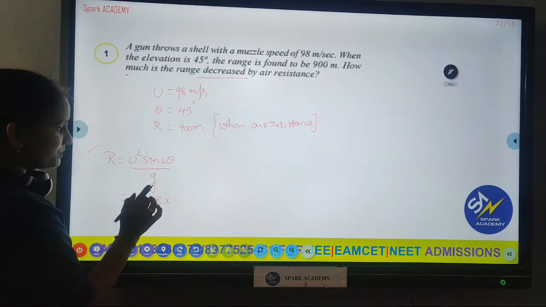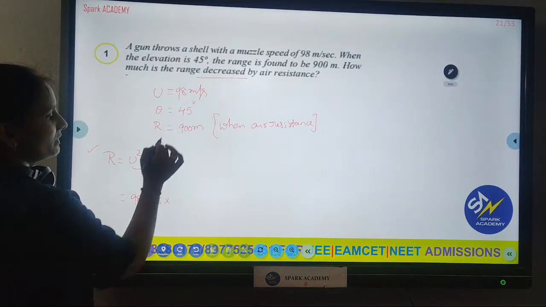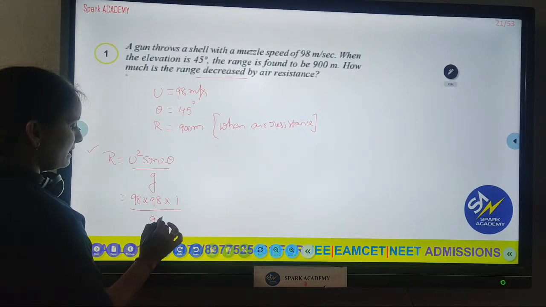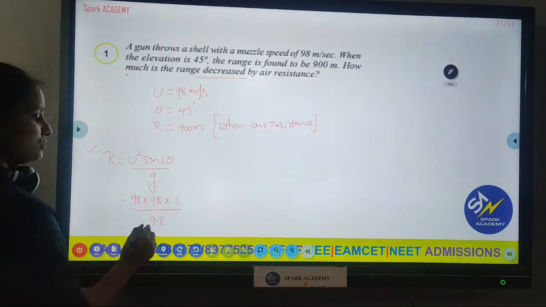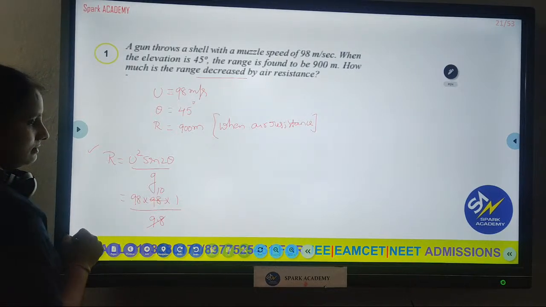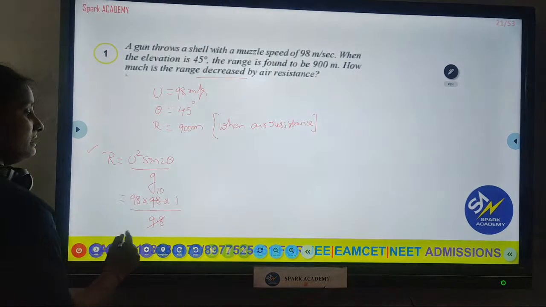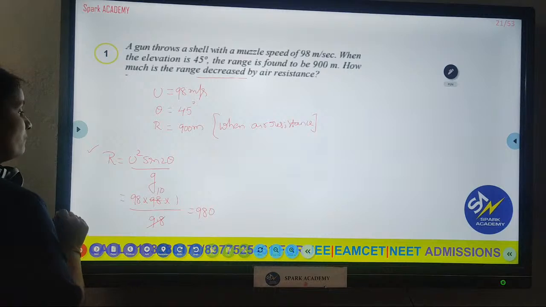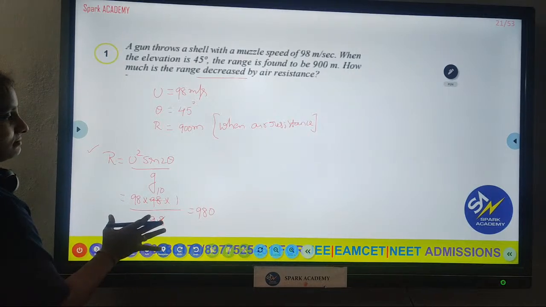So we are substituting sine 2 theta with sine 90, it becomes 1. So it is 1 by 9.8, times 98 into 98. The 9.8 cancels 10 times, so it is equal to 980. This is without air resistance.